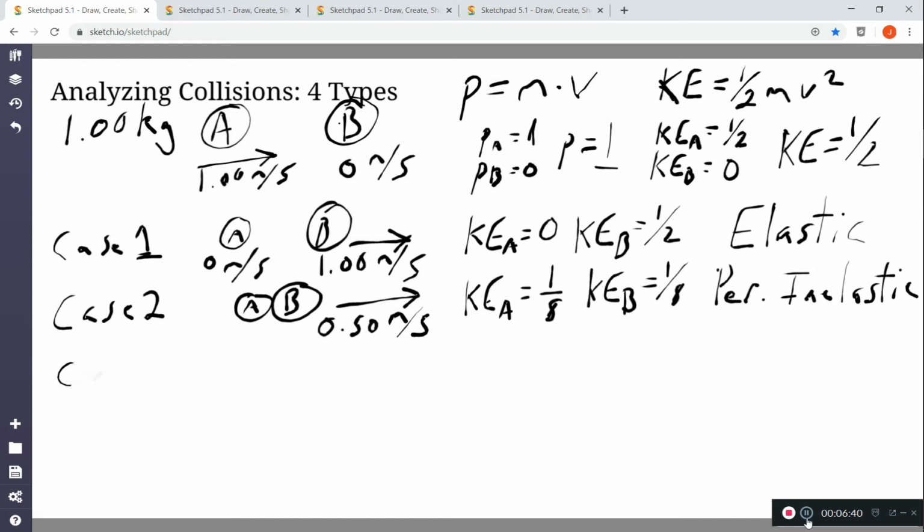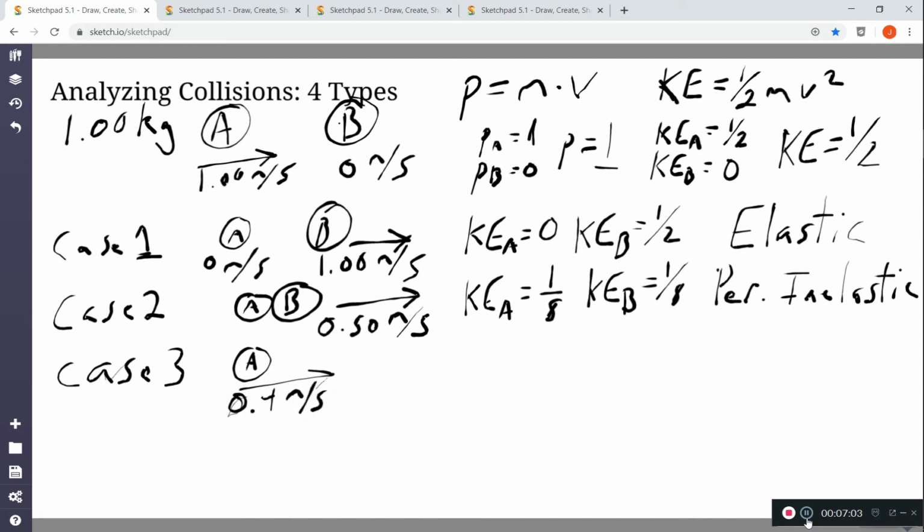So case 3. What if A just slows down a bit? So what if A goes from having 1.00 meter per second to 0.4 meters per second?